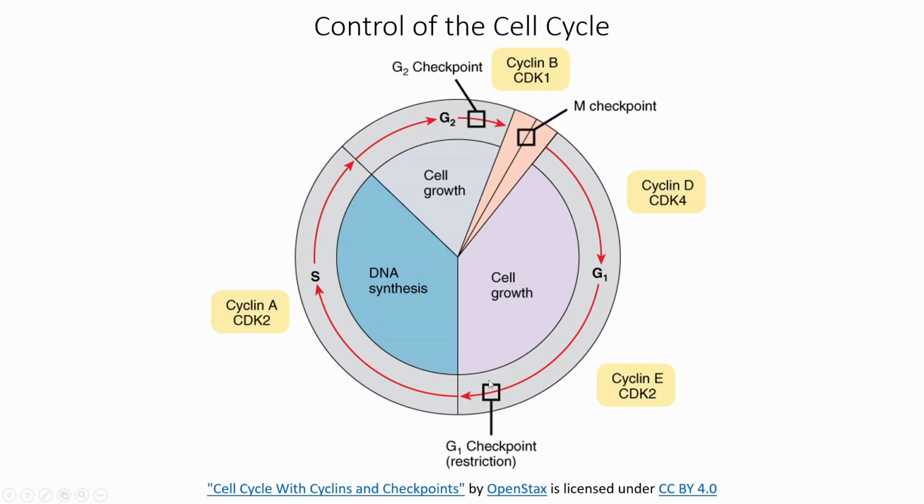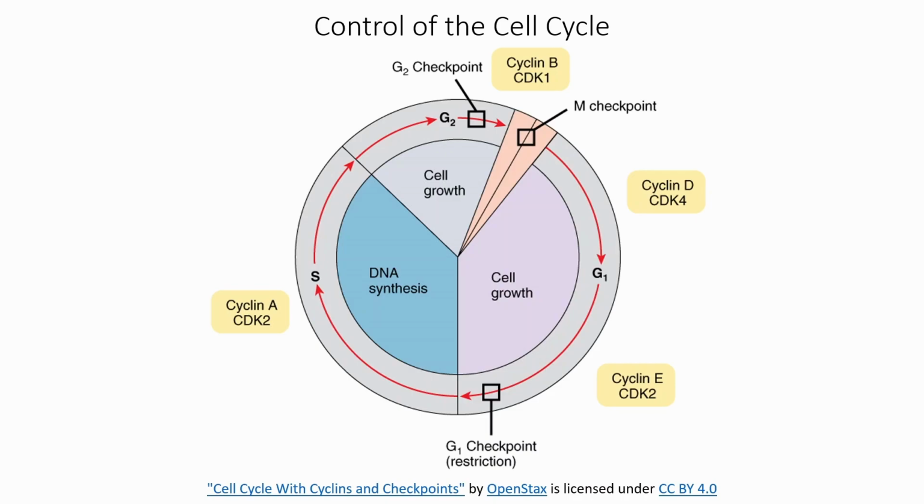So in the G1 checkpoint, this is where we are going to double check: is the cell in good, healthy condition to potentially divide? We're double checking that the DNA is not damaged, and that the cell is in good enough condition to divide. Let's say there is some damage to the DNA, we might be able to fix it.